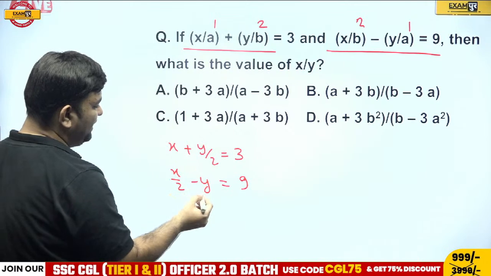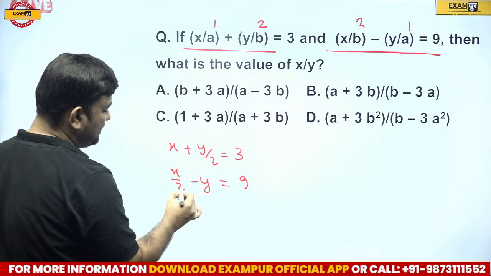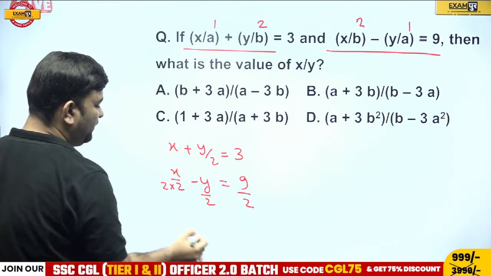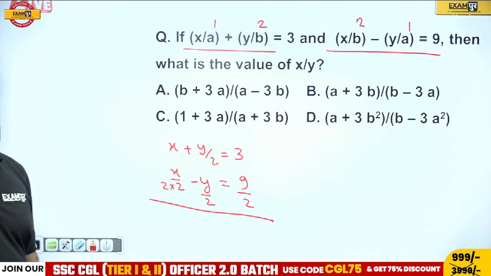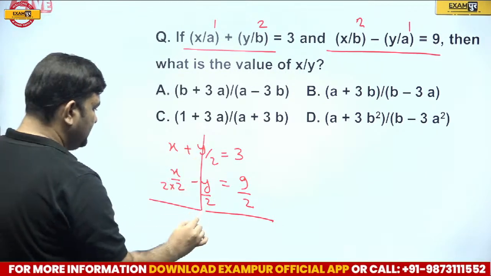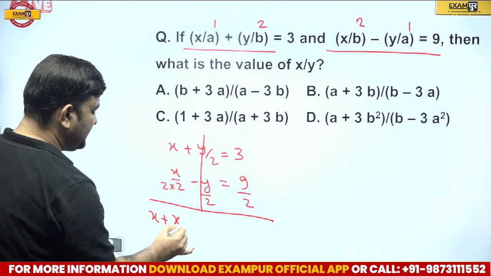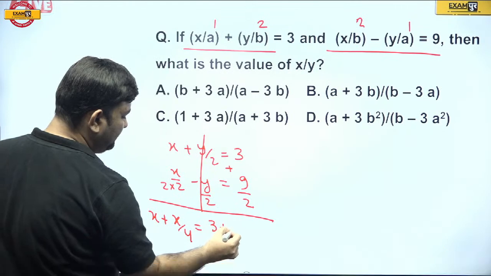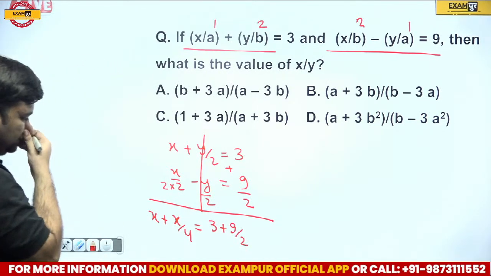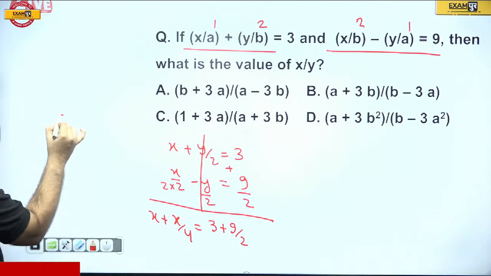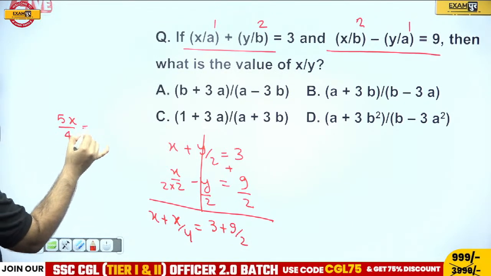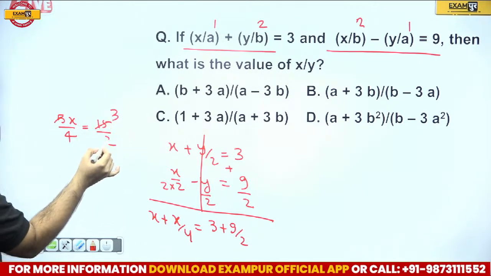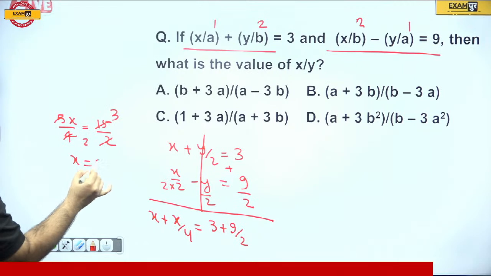Divide the second equation by 2 and add it, and you can directly find the value of x. x plus x by 4 is equal to 3 plus 9 by 2. So 4 plus 1, 5x by 4 is equal to 15 by 2. So x comes out to be 6.